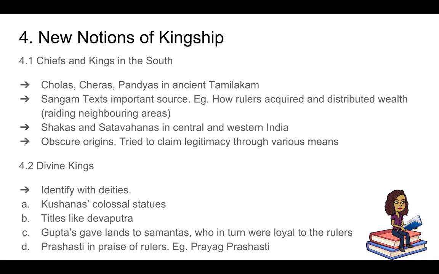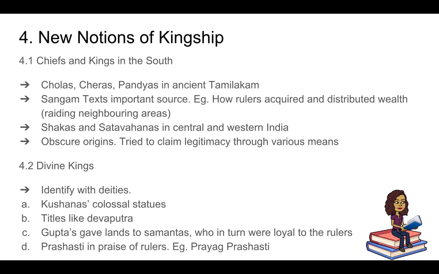Guptas, of course, not only took up high sounding titles like Maharajadhiraja, but also gave land grants to Samantas, who were in turn loyal to the rulers. The kings also got prashastis composed for themselves. Prashastis were hyperbolic, high praise poems, which were composed by court poets of these kings.